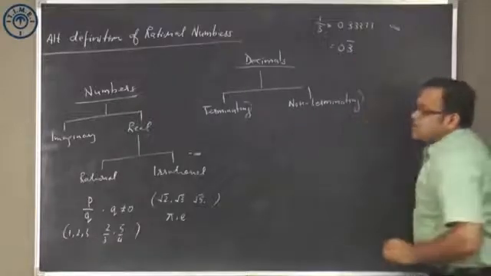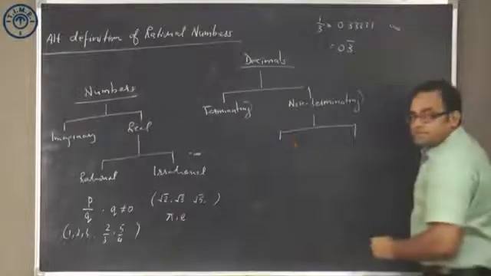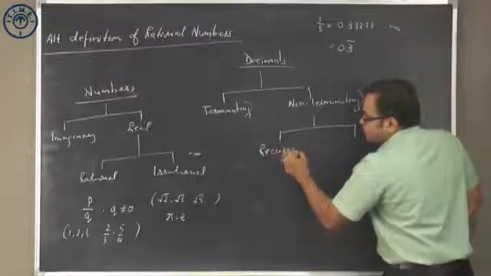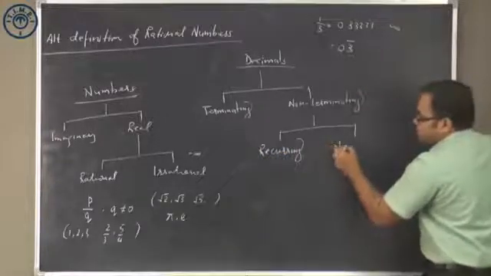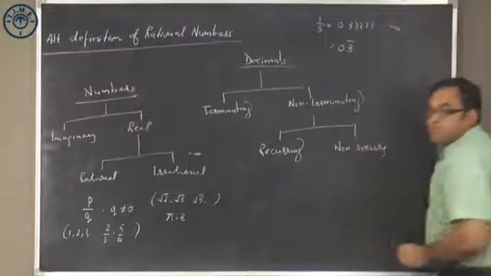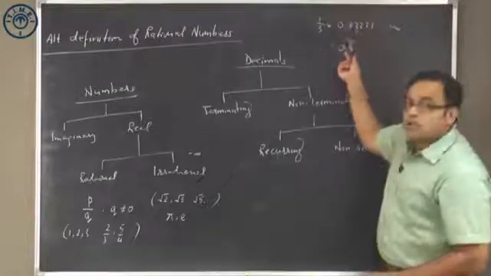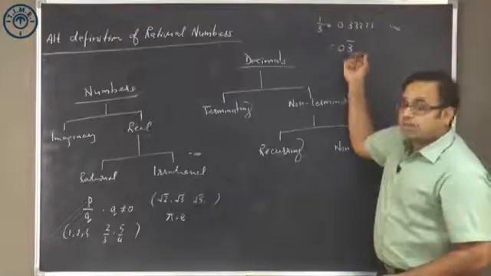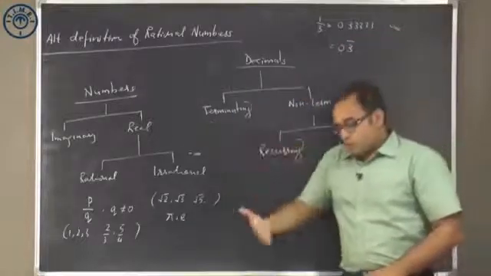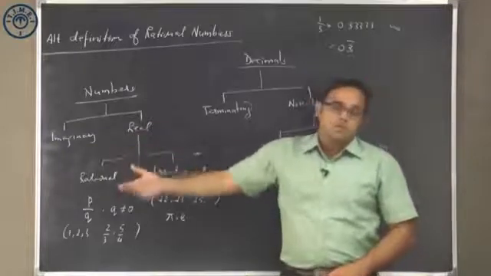As far as the non-terminating decimals are concerned, they can again be classified as either recurring or non-recurring. By recurring, what I mean is, in this case we saw 0.3 bar, there is a bar on 3, 3 will keep repeating. If the number is 0.37 bar, so 373737, the pattern will continue repeating.